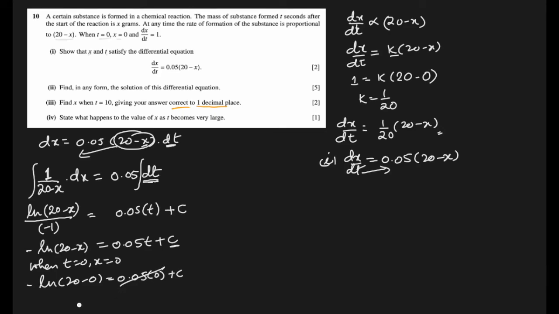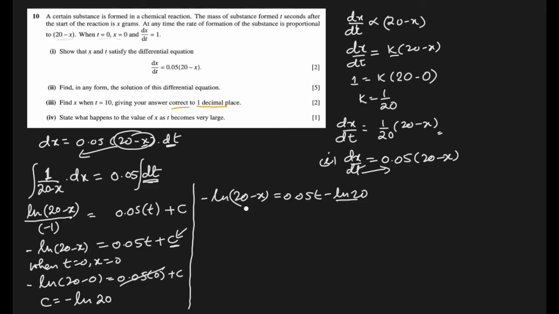So this is 0, c becomes minus natural log 20. And let's use this c here to get the equation. Minus ln 20 minus x equal to 0.05 t minus ln 20.